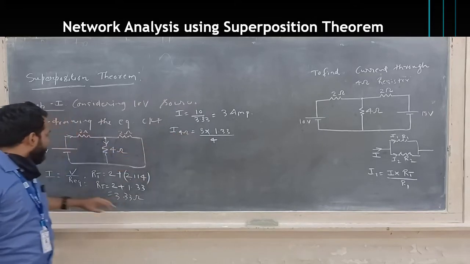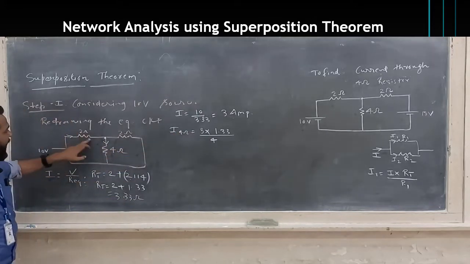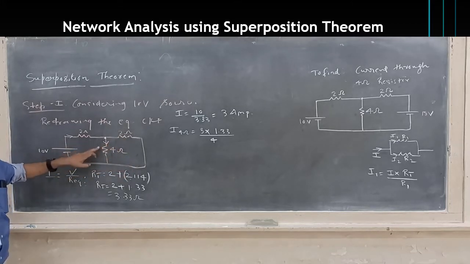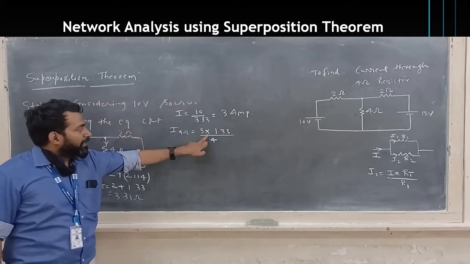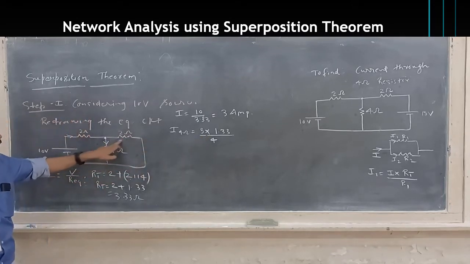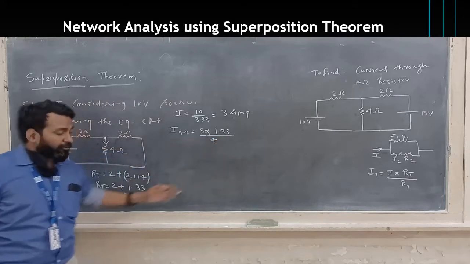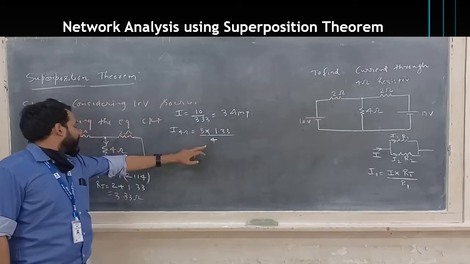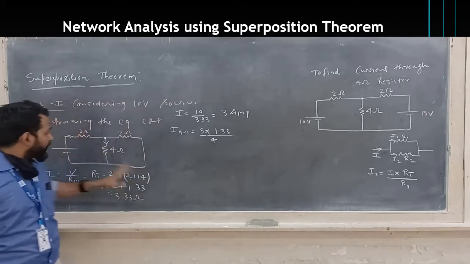is applicable here also. Your total current I is getting divided into 2 branches. Okay, you want to find the current through the 4 ohm resistance. So total current I multiplied by the parallel combination of 2 and 4, which is 1.33, as you have already calculated here, upon the resistance of the branch, which is 4 ohm.